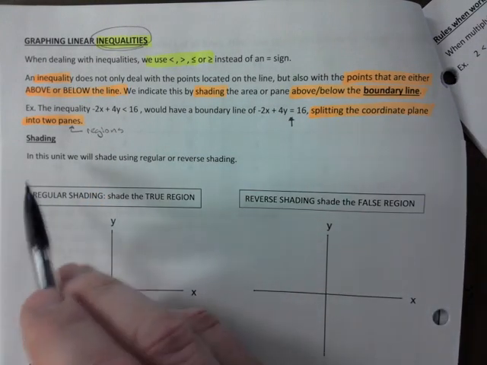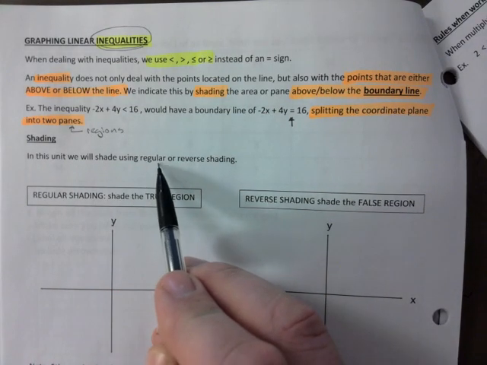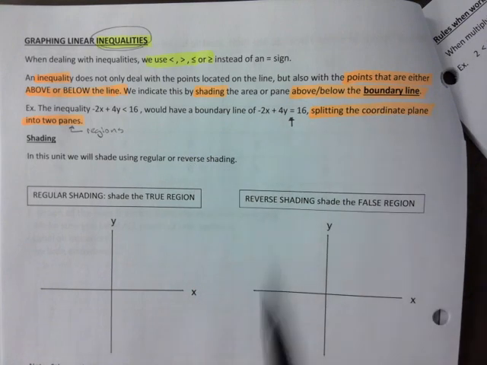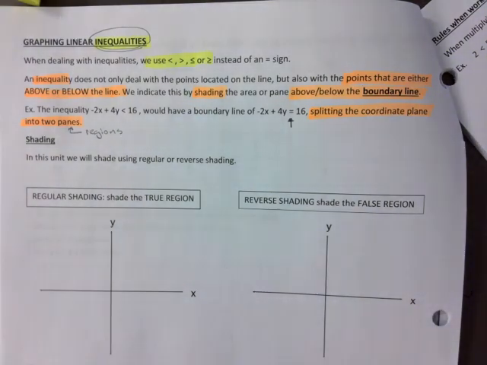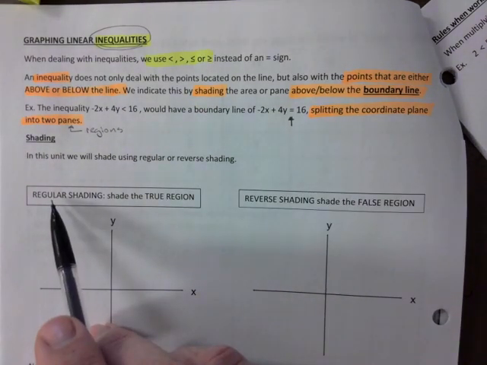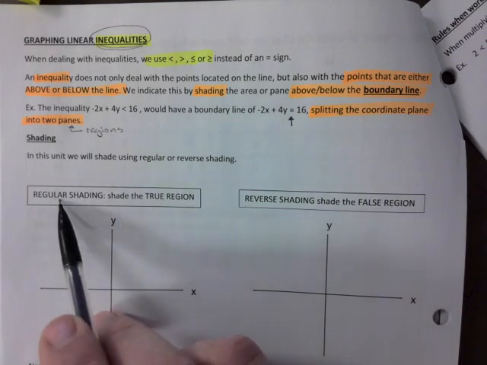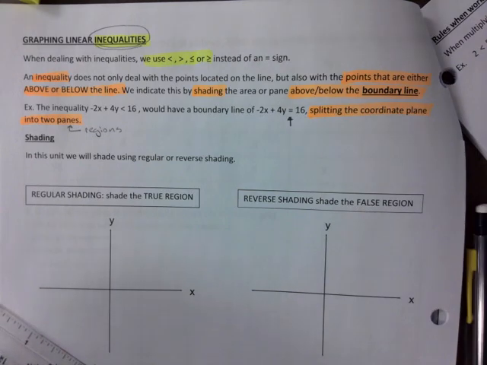Shading. In this unit, we will shade using regular or reverse shading. And how are they different? So when we do regular shading, we shade the true region. So if you have your boundary line, let's just make a boundary line here.